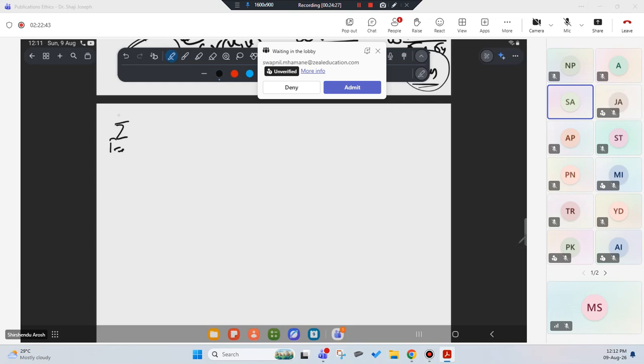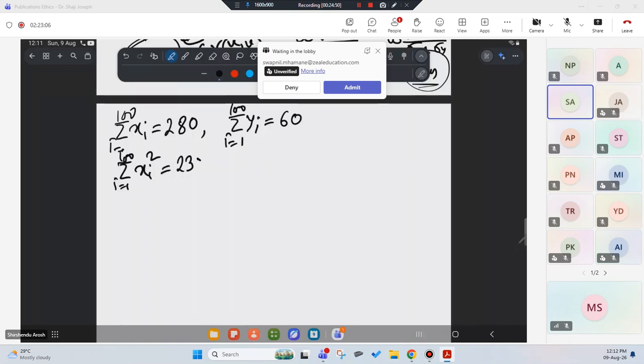So first is, i from 1 to 100, summation x is given as 280. Summation of 1 to 100, y is 60. Summation of i from 1 to n is already here. So x i square should be 2384.